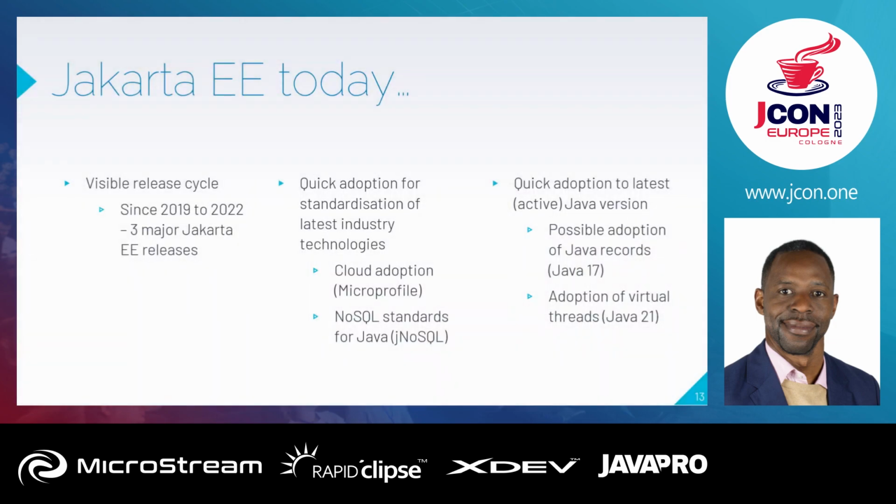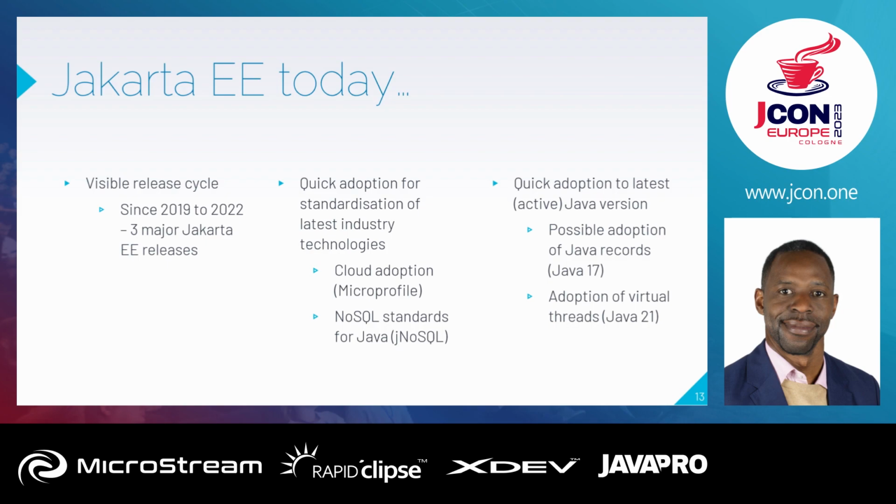So for today, Jakarta EE has a visible release cycle, and they adapt quickly now to the latest technologies like MicroProfile, which uses certain Jakarta EE APIs to be able for you to create cloud native applications.